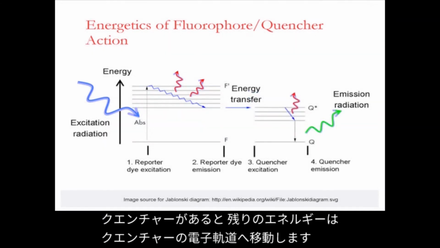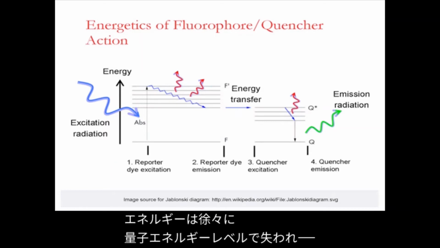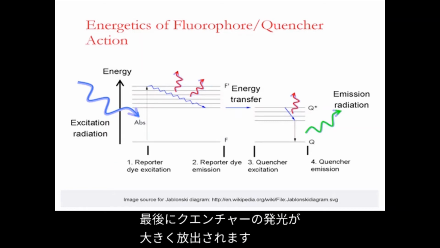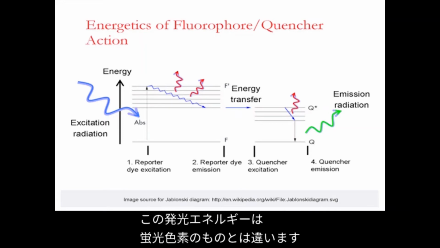With a quencher in place, the remaining energy is instead transferred to an electronic orbital of the quencher. Energy losses occur through small steps between quantum energy levels, and finally there is a potentially large release of the quencher emission radiation. But this emission energy will be different from the emission energy of the fluorophore dye.